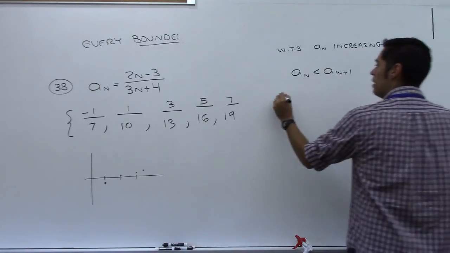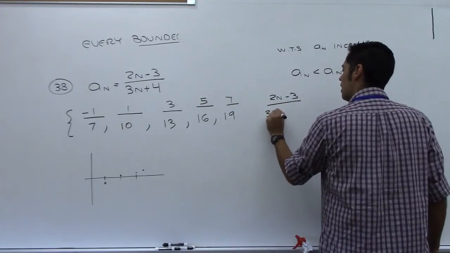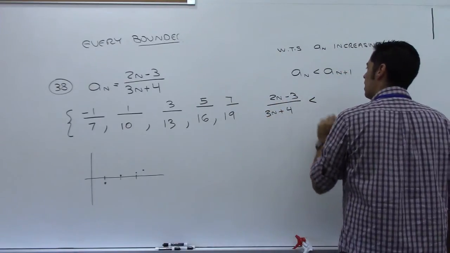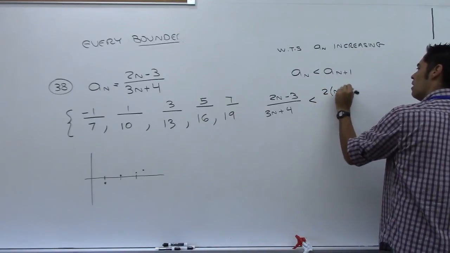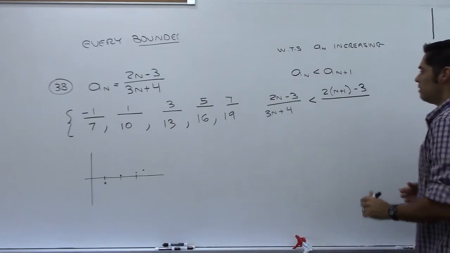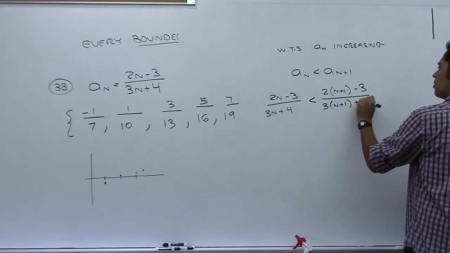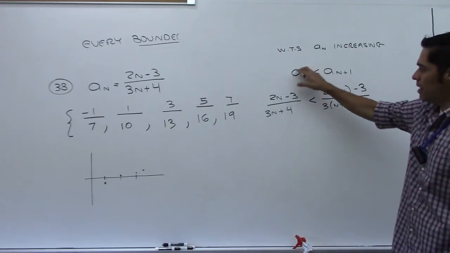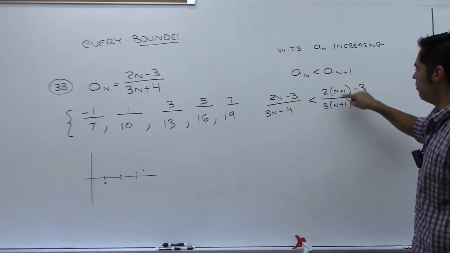So what is a sub n? It's 2n minus 3 over 3n plus 4. Is that less than, now a sub n plus 1 is 2 times n plus 1 minus 3 over, now we have 3 times n plus 1 plus 4. So writing a sub n down, and then replacing n with n plus 1.